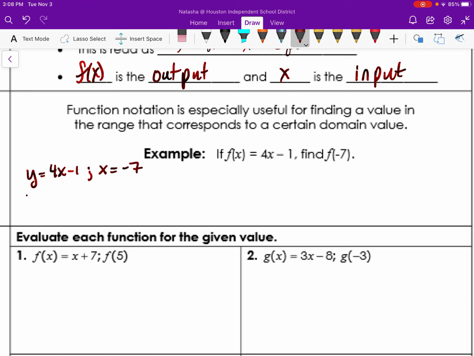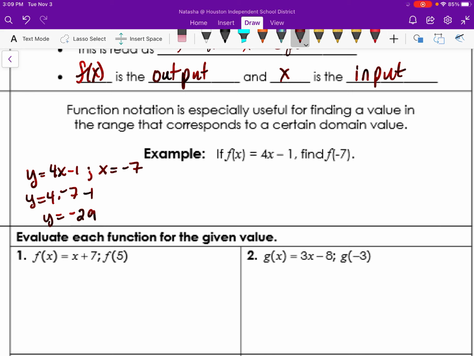And you would plug this in. So y is equal to 4 times negative 7 minus 1, which gives you negative 28, minus 1 is going to give you negative 29, okay?